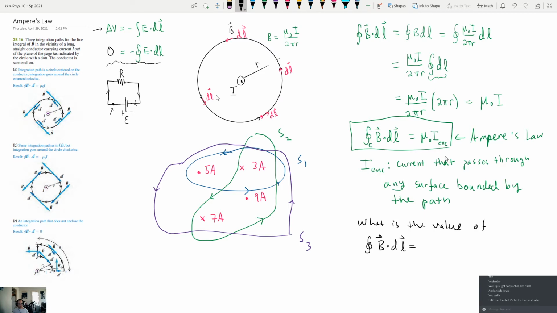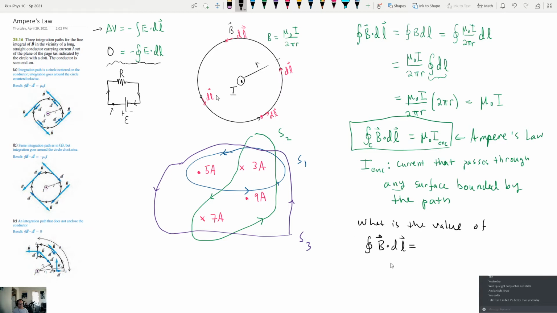So the way you do this is the current enclosed can either be positive or negative. If it's going into the page, it's going to be negative, and if it's coming out of the page, it's going to be positive. Now that's assuming that we've made our paths counterclockwise. I'll talk about that in a second.